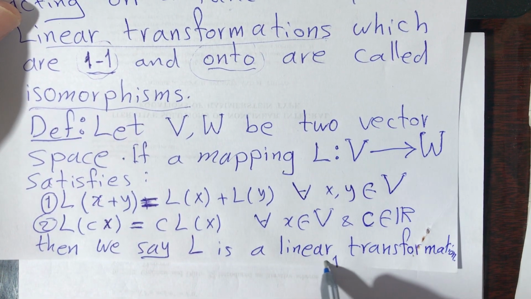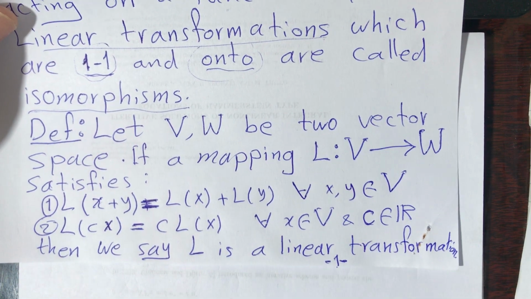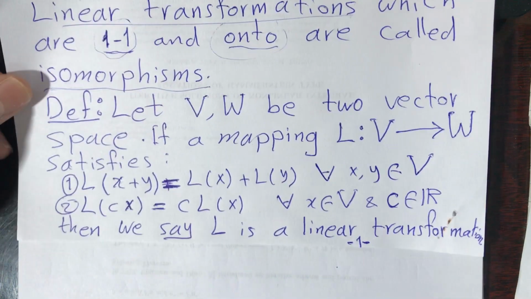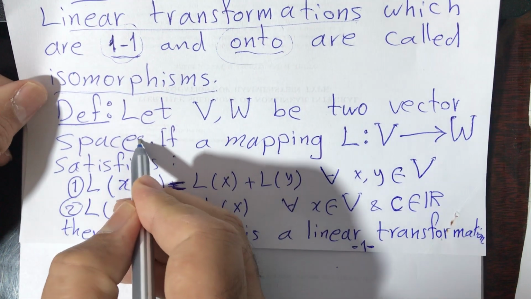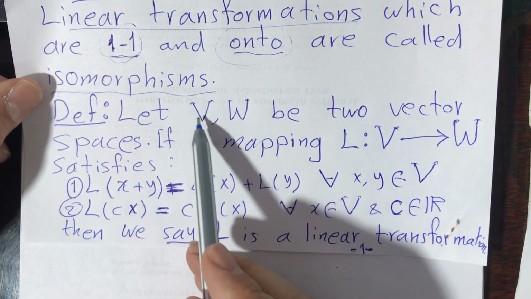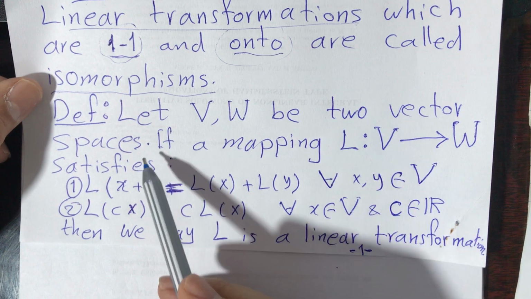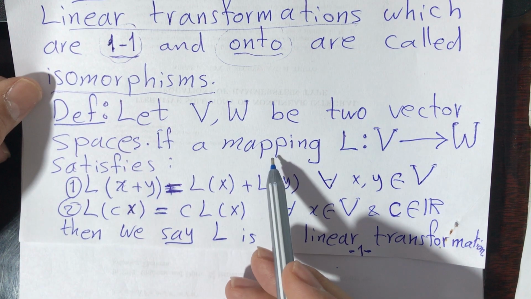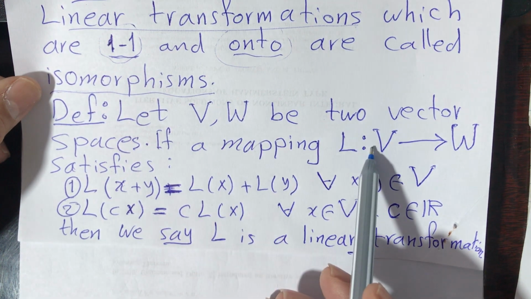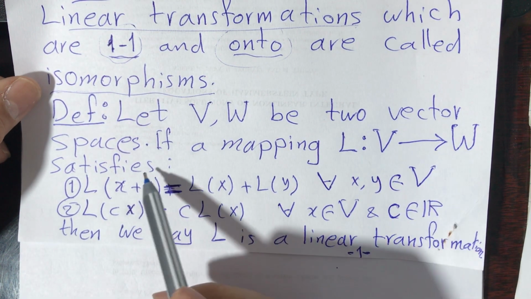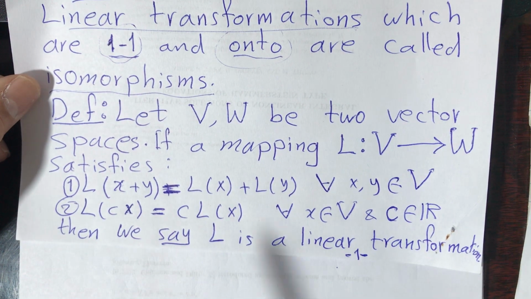This is page number 1. Now I repeat the definition. Let V and W be two vector spaces. If there is a mapping from V into W satisfying two conditions.